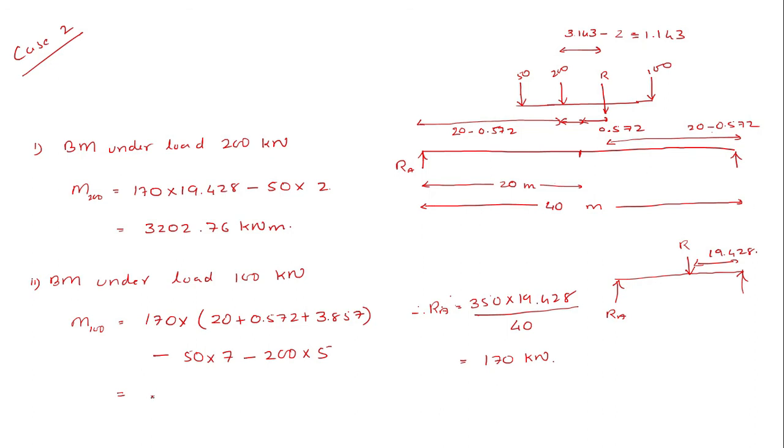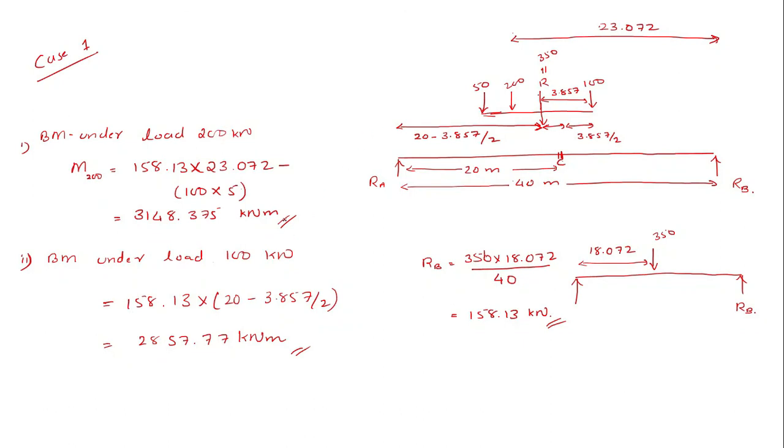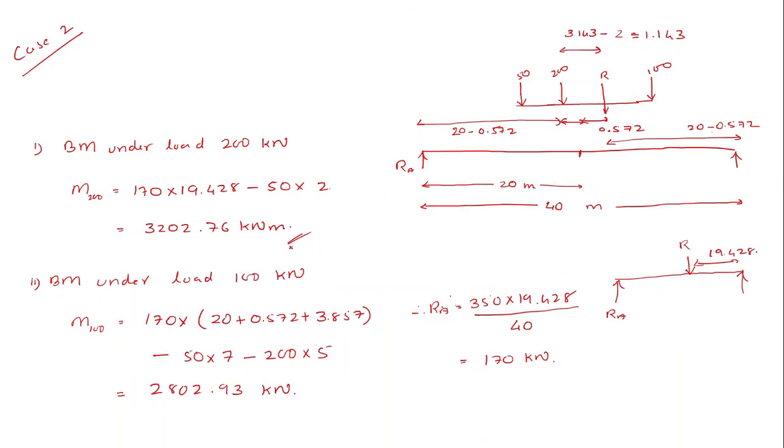So as such, if you check this, you will get the answer 2802.93 kilonewton meter. Okay, so you can see this is the maximum value in this case. In the earlier case, under 200 it is the maximum value. Here also 3202 is the maximum value.